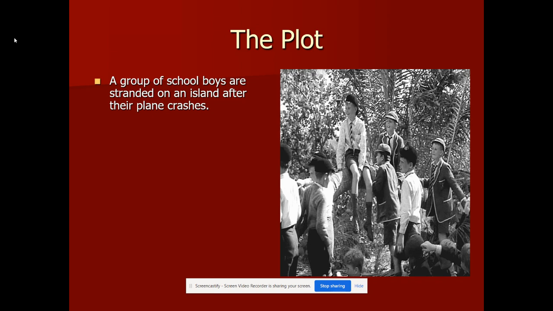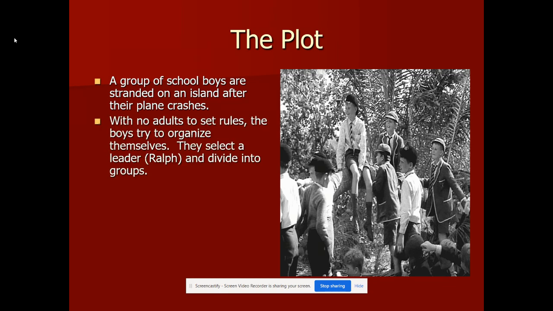The story opens with two of the young boys who have survived the crash just sort of walking along the island, getting their bearings. There are no adults that survive the plane crash, which is unusual. We don't see any of the adults that presumably were in the plane with the children. The pilot has not survived. The children themselves don't seem all that upset that there are no adults with them.